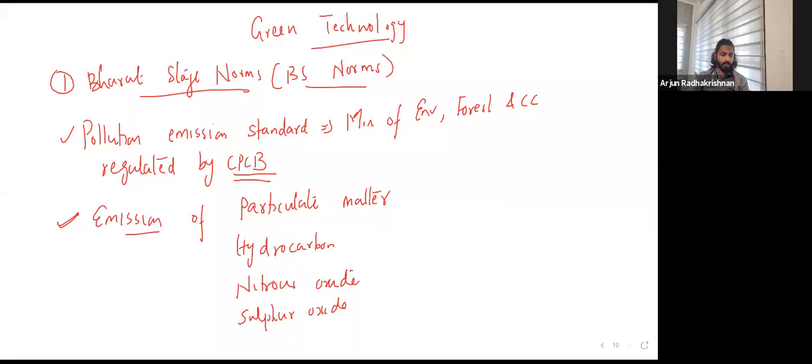So we will measure the emission of all this particulate matter, hydrocarbon, nitrous oxide, sulfur oxide, etc. And we will try to bring down this emission. So emission regulation is based upon emission of particulate matter, hydrocarbon, nitrous oxide, and sulfur oxide.